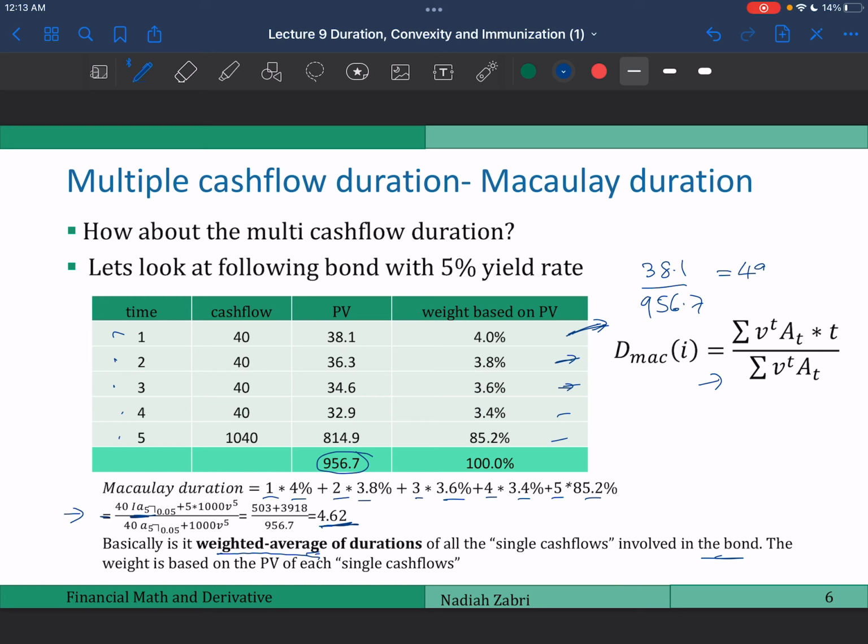However, don't forget to add the redemption value component in the numerator as well. We then use the normal bond price formula to compute the denominator. So by doing this, we will get the same answer.